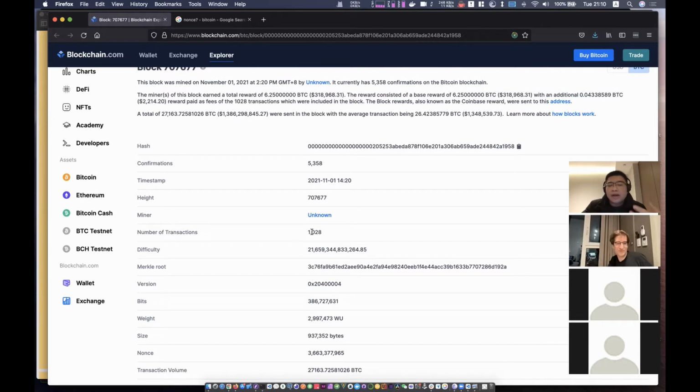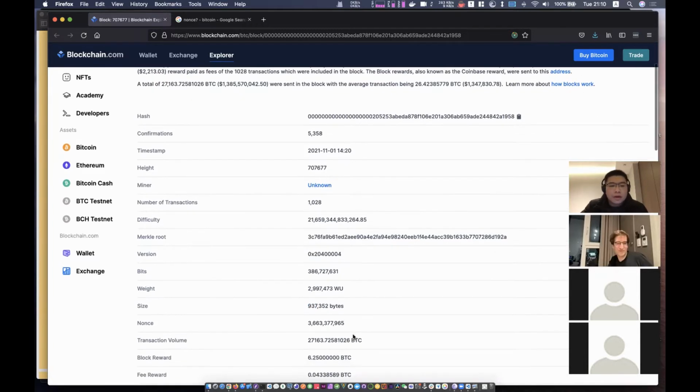Because the blockchain has a limited size per block, the size is around 937,000 bytes.